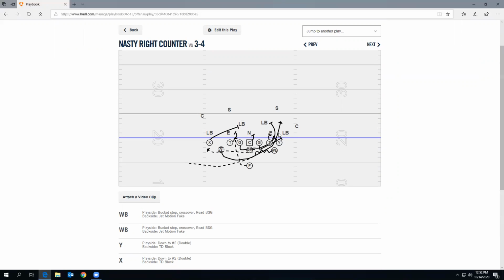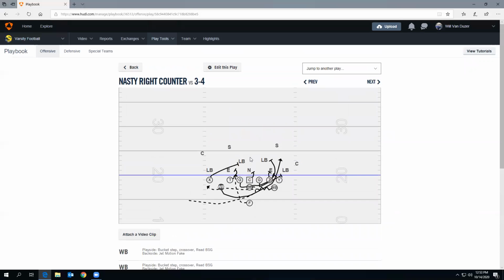If he's head up on you, he's a 6 technique, we're kicking him out. If he's outside of you, we're kicking him out. But if he's inside in your gap, you're going to down block him and try to wash him all the way down. If there's no one in your gap, then you're just going to go all the way down to backside backer, or first backer inside.